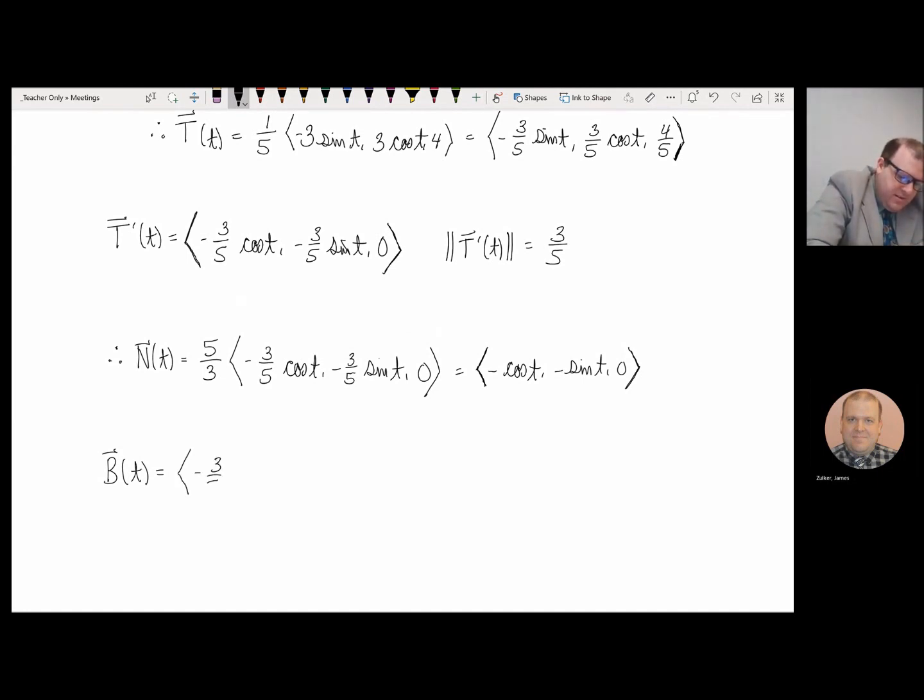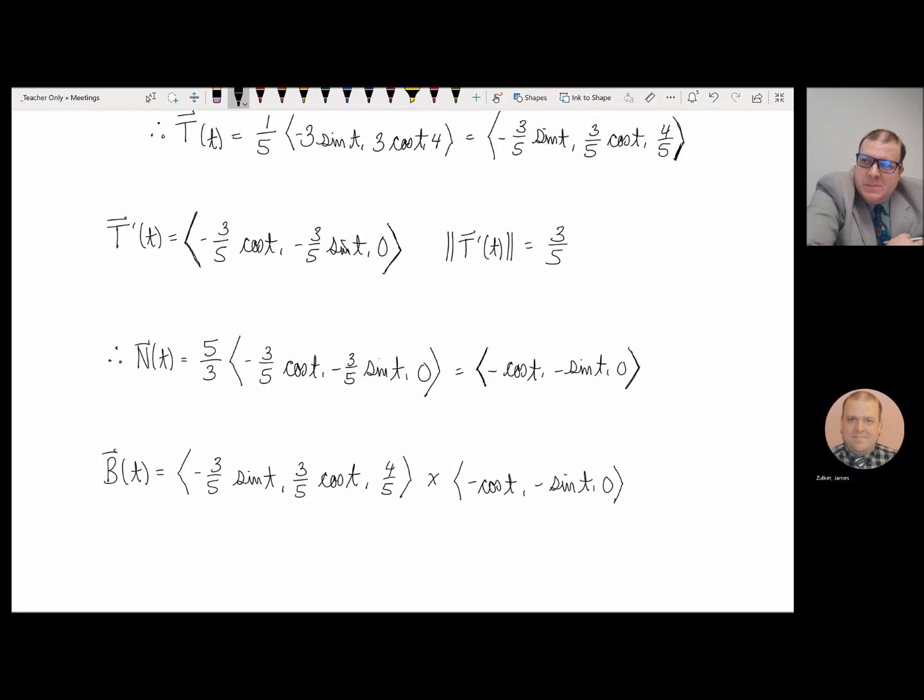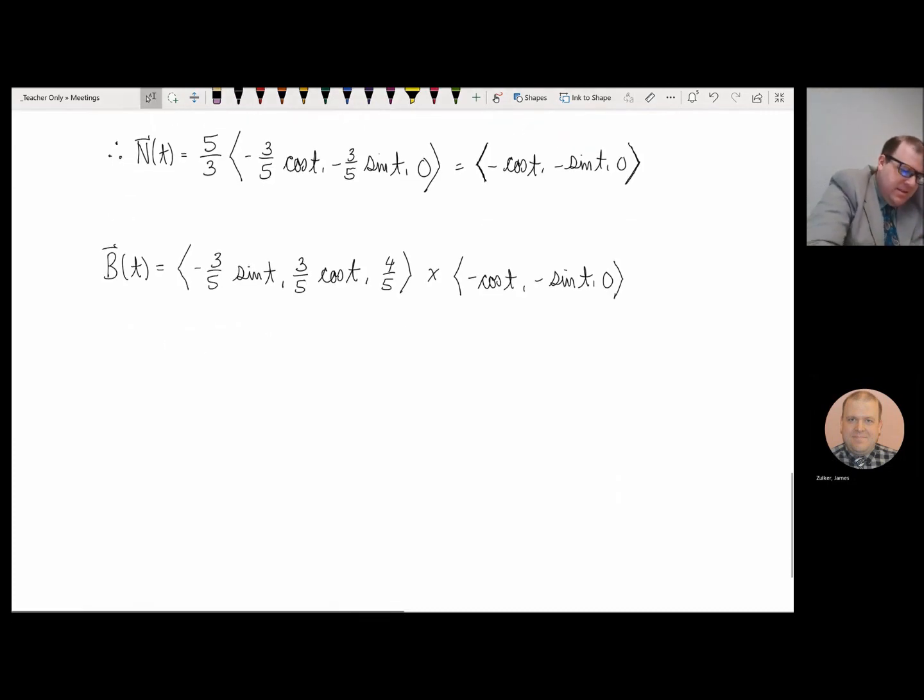Binormal is our unit tangent cross our unit normal. And factor out a 1/5.